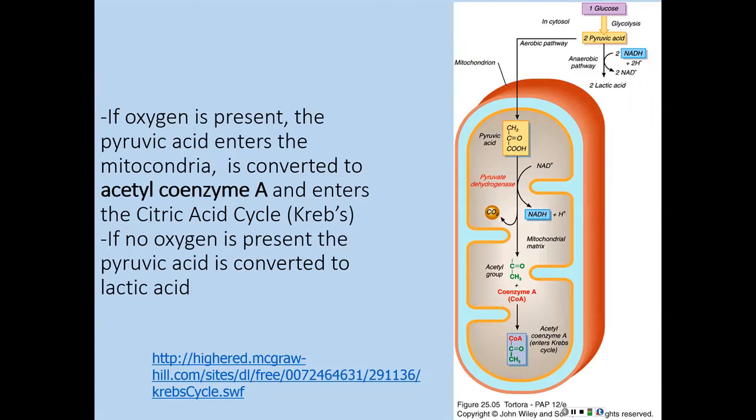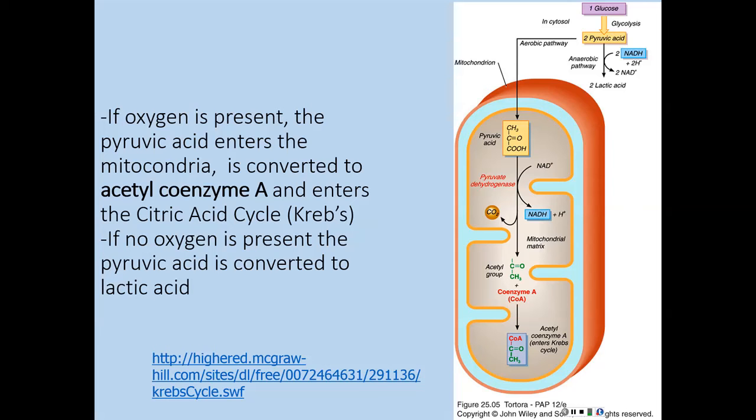However, if sufficient oxygen is present, what will actually happen is we will take that pyruvic acid and convert it so that it can enter into the mitochondrial matrix. So, with oxygen present, pyruvic acid enters the mitochondria and it's oxidized, and oxidoreductase is involved here.